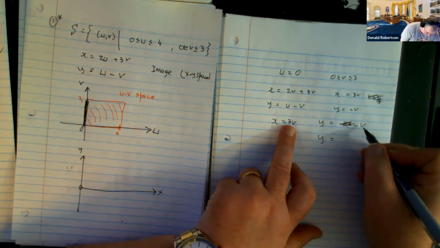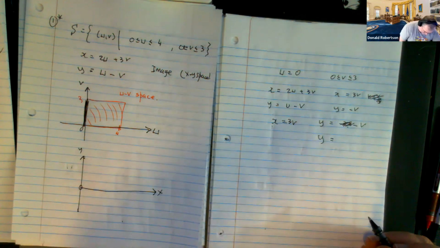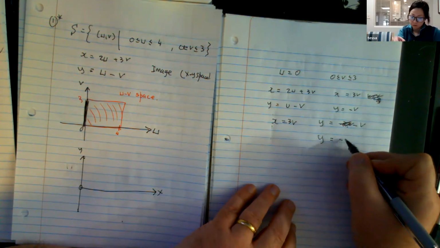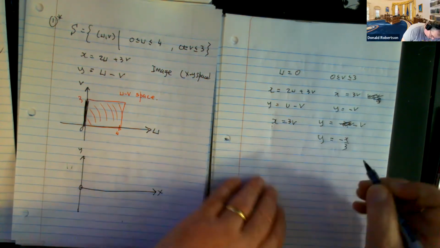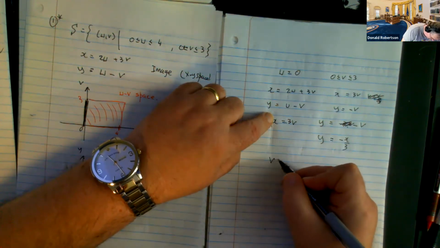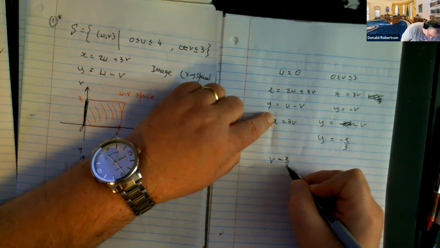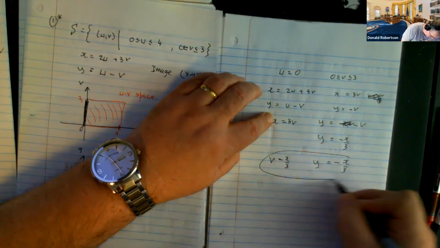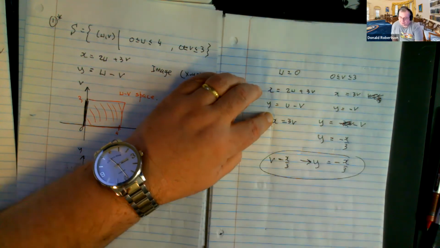What is y going to be? Negative x over 3. Yeah. So let's see if I can prove that to you. I keep trying to skip the variables around. V is x over 3, and y is the negative of v. It's a negative x over 3. Does that make sense of where that came from?